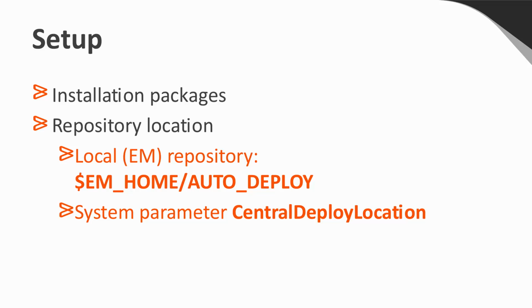To do this, we need to define this network location in the central deploy location system parameter. It is important to mention that if your EM is running on Windows, we need to verify that the user defined in the Control-M EM configuration agent Windows service has access to this relevant network location.